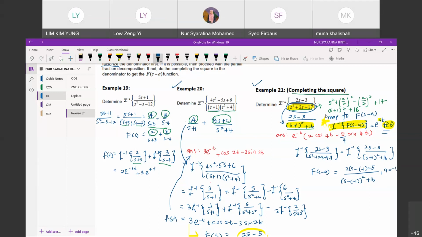So when a equals minus 1, this F(s minus a) can now be turned to F(s) by (2s minus 5) over (s squared plus 16). Right, so in order to get f(t), you can just inverse transform this one by one.